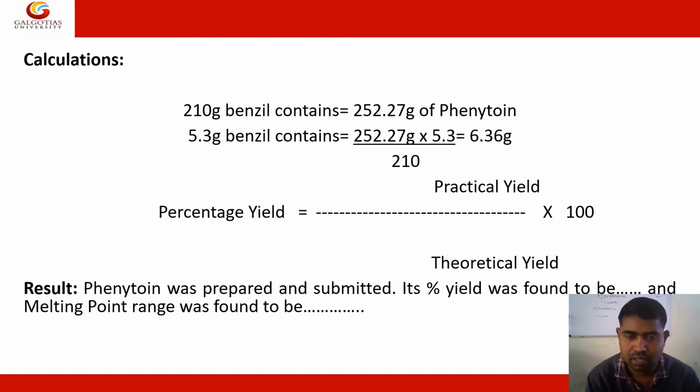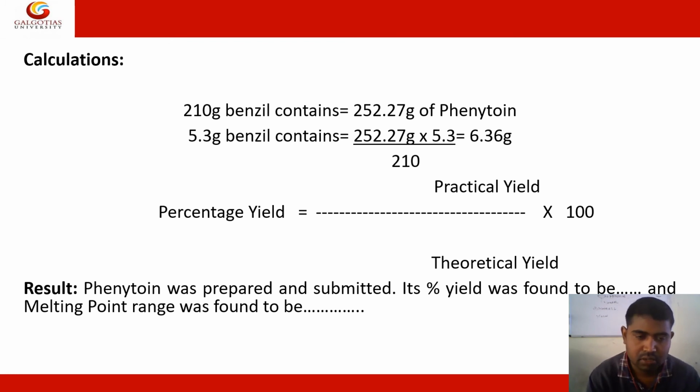So after getting this theoretical value, you just have to weigh out your obtained or practical yield. So whatever amount it is, you just have to divide that amount by the theoretical yield, multiply it by 100, and you will get your actual percentage yield.